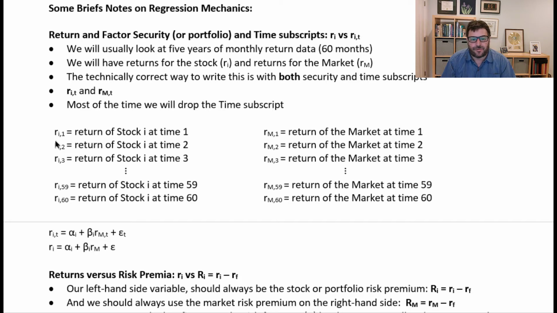And so I would have R_i1, R_i2, all the way to R_i60, and R_M1, R_M2, R_M3, all the way down to R_M60. But most of the time when we write this, we're just going to drop the time subscripts. But we know that there are 60 returns for the stock, 60 returns for the market, and 60 error terms, but for the most part, we'll drop that.